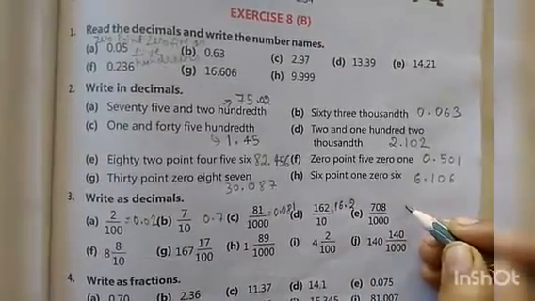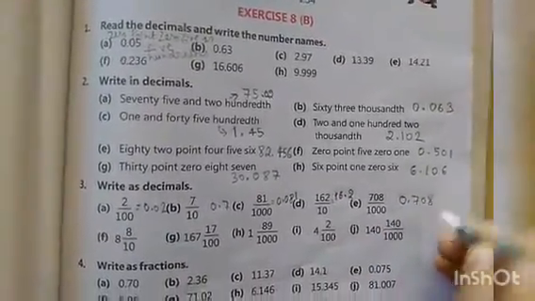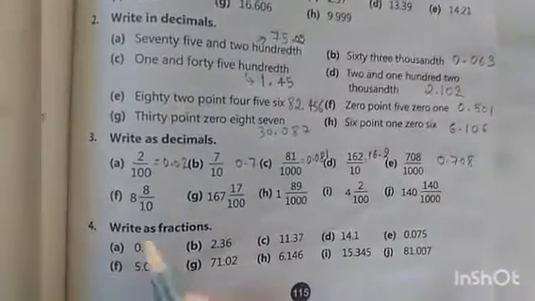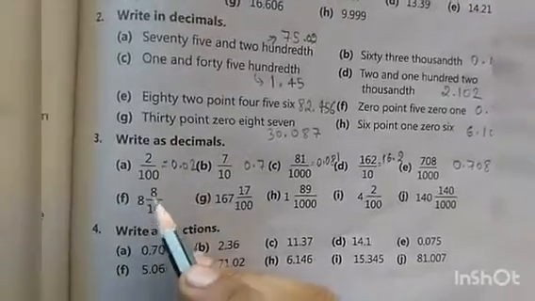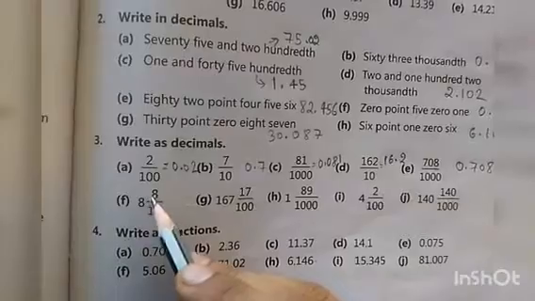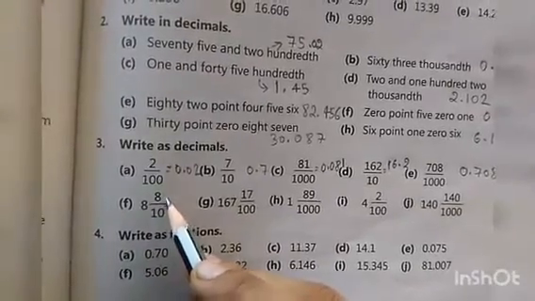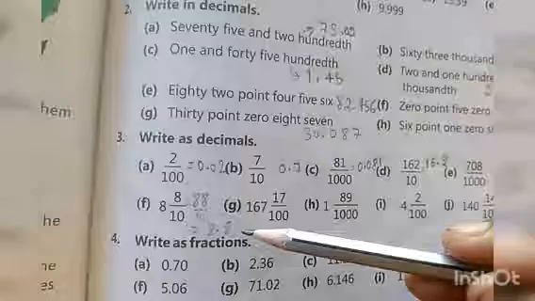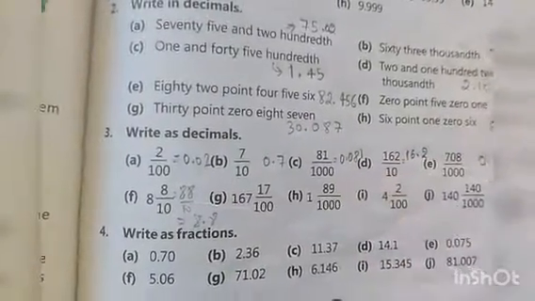Here 708, so 0.708. So 8 is 8 by 100, 10 times 8 is 80, plus 8 is 88, 88 by 10 gives 8.8. Now the remaining exercise in my next video.